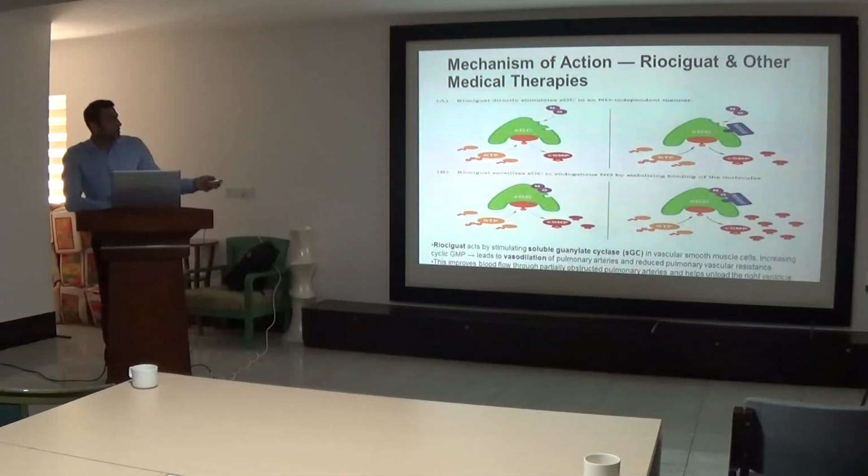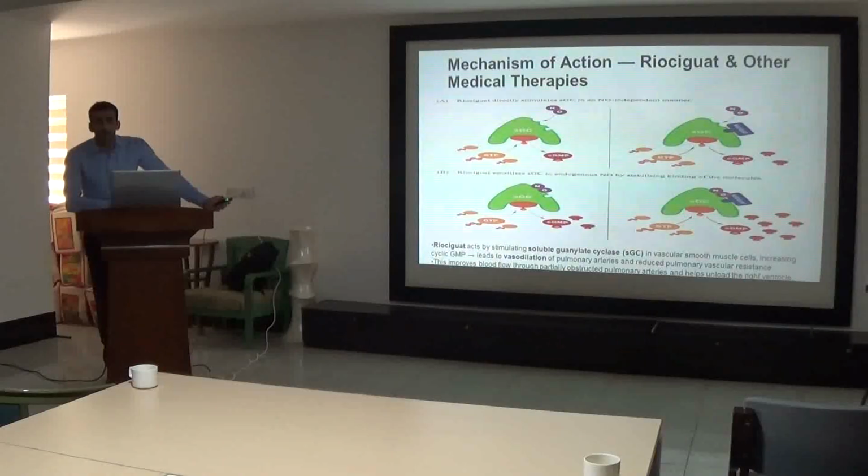What riociguat does is make sGC independent of nitric oxide. It does not require nitric oxide to produce cyclic GMP. So once riociguat binds with the sGC, it can produce cyclic GMP to the maximum level whether NO is present or not. It does not need nitric oxide.